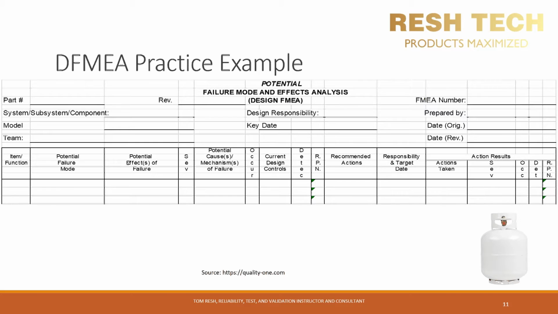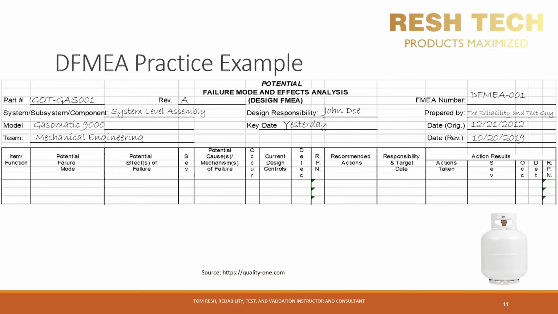Let's go ahead and fill out the upper portion for our part, the team, the part revision, subsystem, and so forth. All right, now that we've got the boring administrative mumbo-jumbo completed, let's get to the fun part.